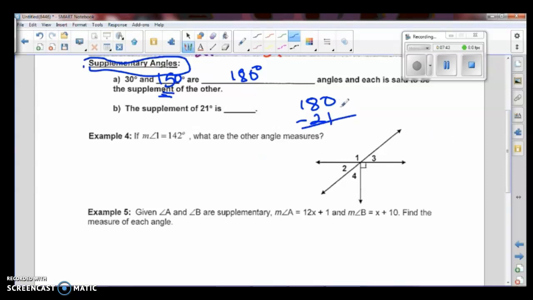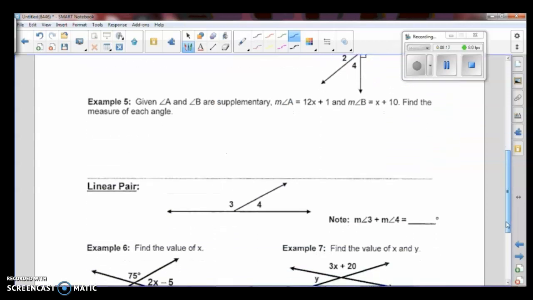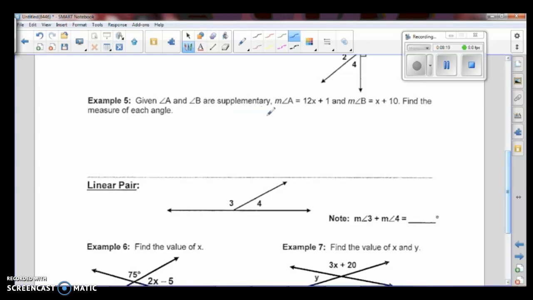That should give us 159. So as an example, 1 and 3, if 1 is 142, 3 would have to be 180 minus that. All right, we're going to have you try those on your own.